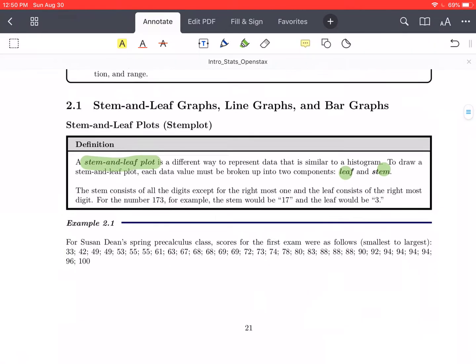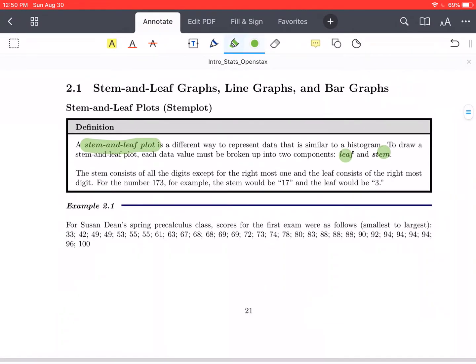Okay, so for example, here up in the box, for the number 173, the stem would be 17, the leaf would be 3. The stem consists of all digits except for the rightmost digit. So in this example down here, we have the number 33.